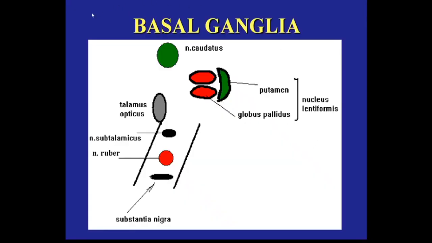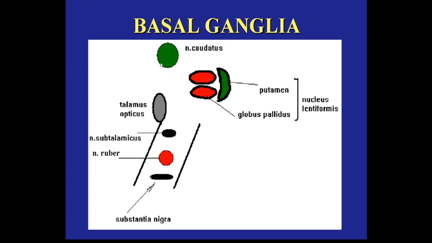This is part of our scheme where we show main central nervous system structures. This is the level of thalamus opticus, diencephalon, and midbrain level, you can see cerebral peduncle. So just around thalamus opticus, main basal ganglia are located.